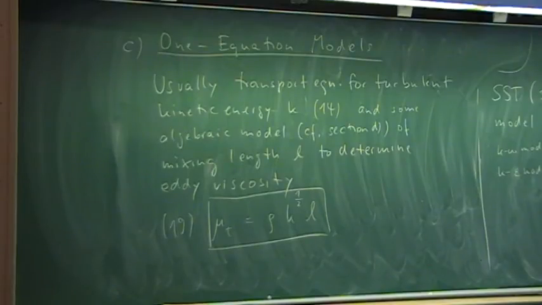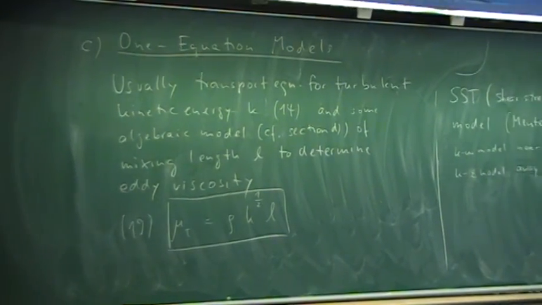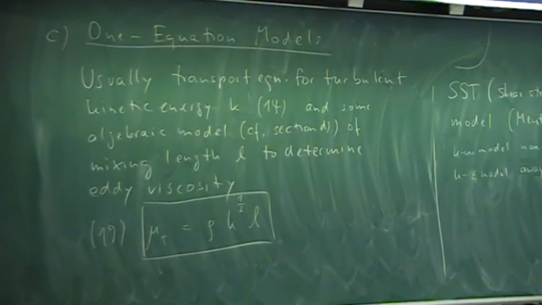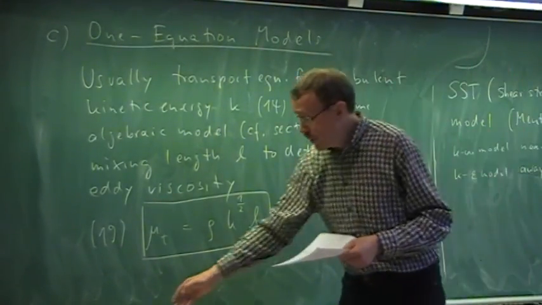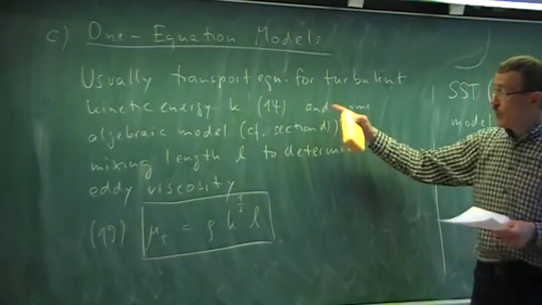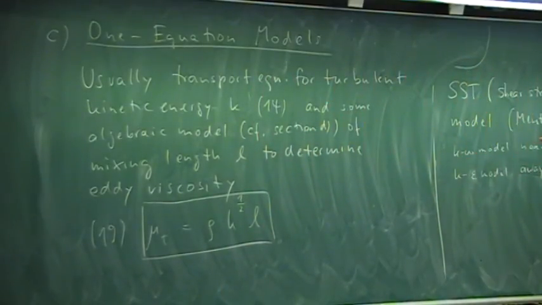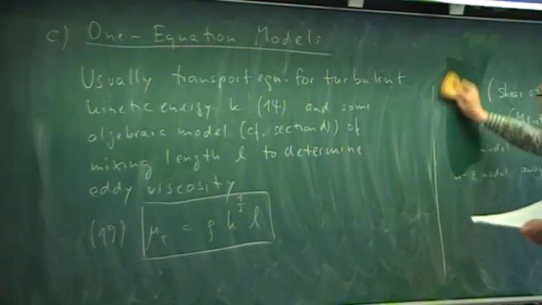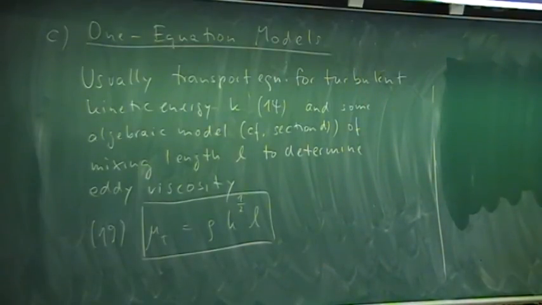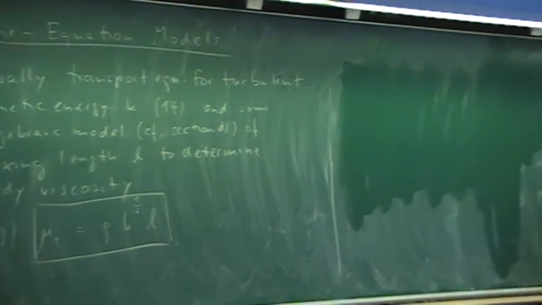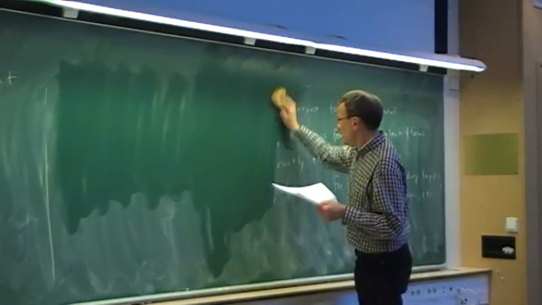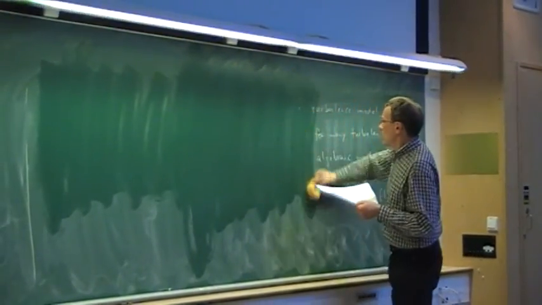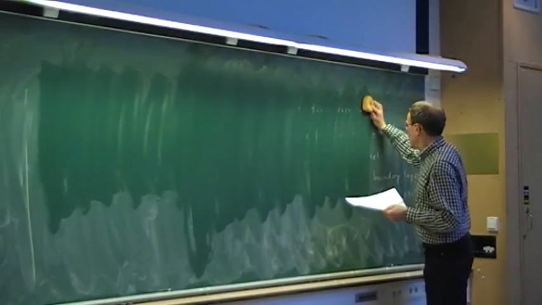There is an alternative, and the alternative that has gained popularity in aerodynamics, instead of solving a transport equation for k, turbulent kinetic energy, solves a transport equation directly for the eddy viscosity. And that model is due to Spalart-Allmaras. Spalart is a researcher at Boeing, and Allmaras, I think he was at Ames. I don't know, he may now also be at Boeing.